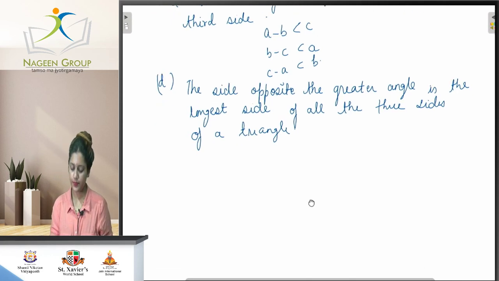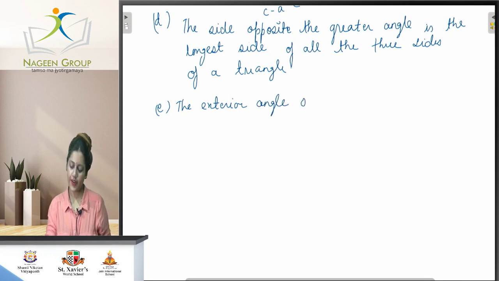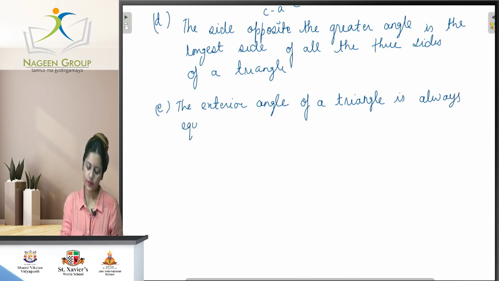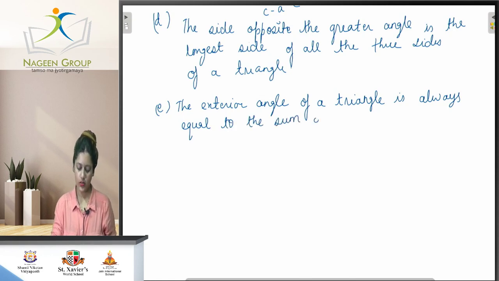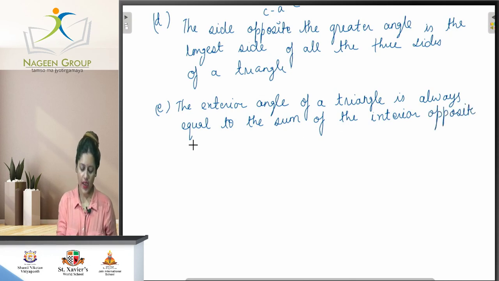Next one is E, the exterior angle. The exterior angle of a triangle is always equal to the sum of the interior opposite angles.